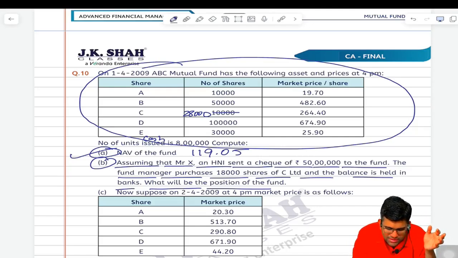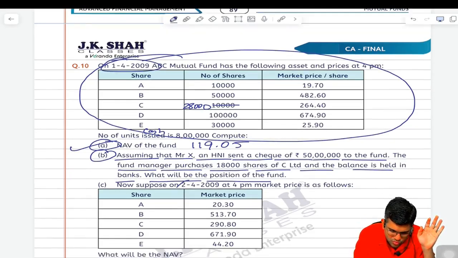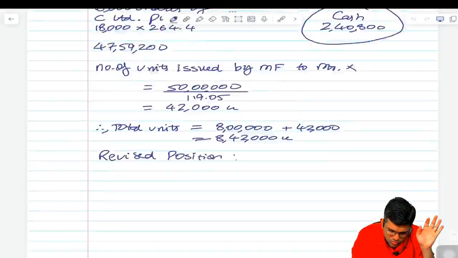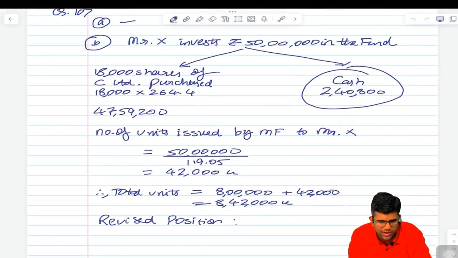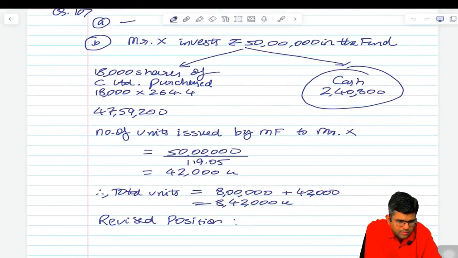And then in point C, students, we will go to day number 2 after this. We'll talk about that later. Right now, still on 1st of April only. Please complete this note and get me the new NAV. The new NAV, of course, will be the same only. Yes, Mohammed, correct.